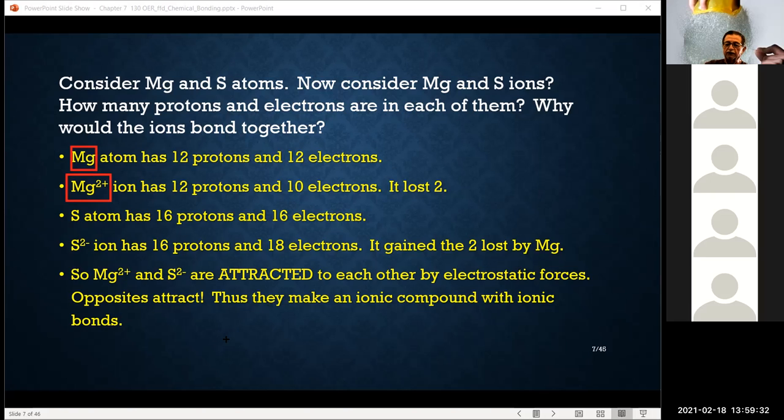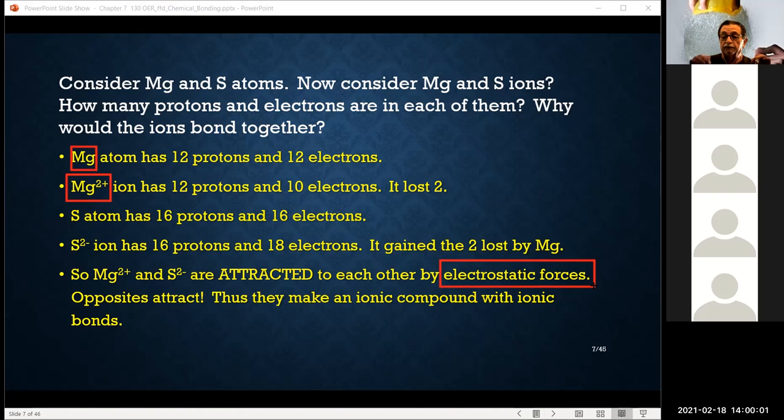So these 2 ions will come together because we've got the +2 of magnesium and the -2 of the sulfide. Notice the name change, sulfur to sulfide. They come together by what are called electrostatic forces. So ionic compounds come together because of electrostatic forces, the positive charge and the negative charge.